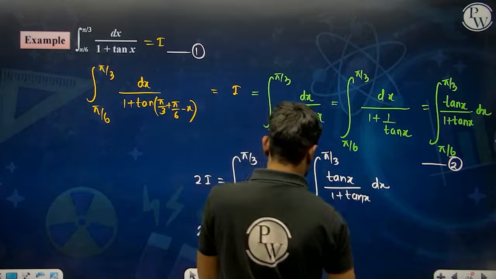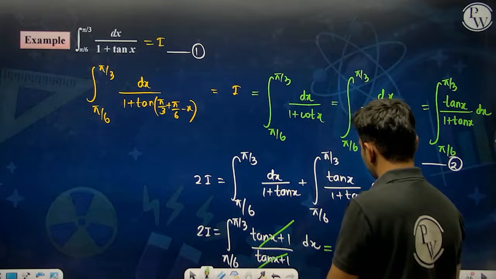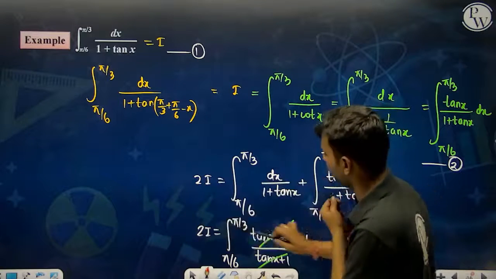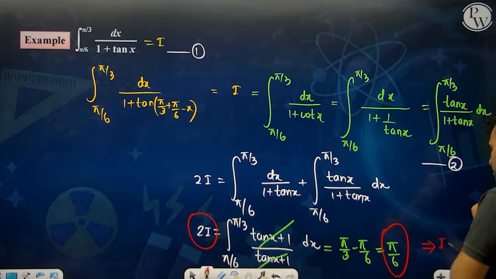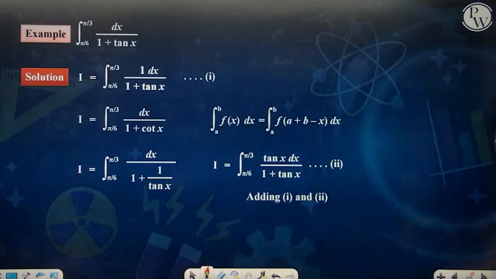So it is going to be nothing but pi by 3 minus pi by 6, that is equal to pi by 6. So now you can say that 2I is equal to pi by 6. So I is going to be how much? It is going to be pi by 12. So pi by 12 is the correct answer for the particular question, everyone.